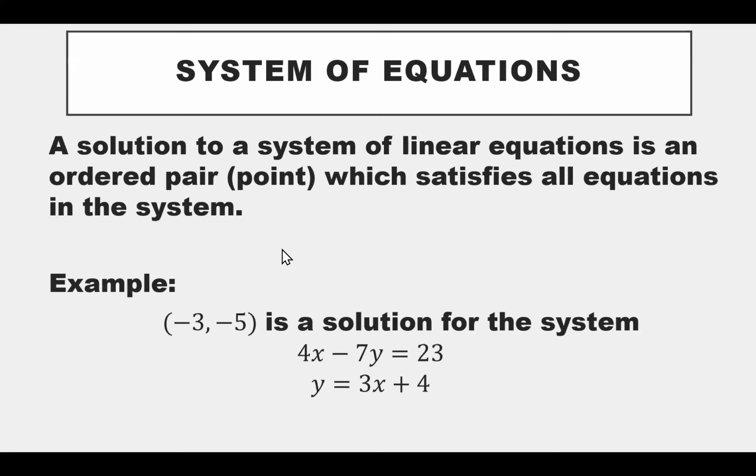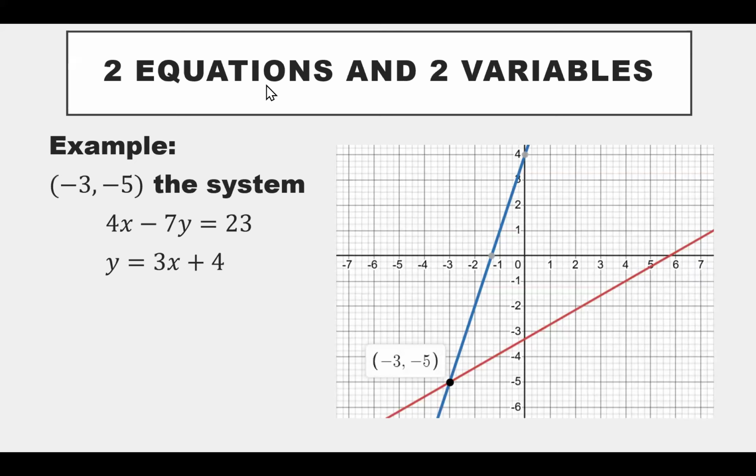As we said a moment ago, since both of these equations have (-3, -5) as a solution, then (-3, -5) is a solution for the system of equations. Now, if we're given two linear equations in two variables, then we can graph each linear equation, the graph of which will be a line.